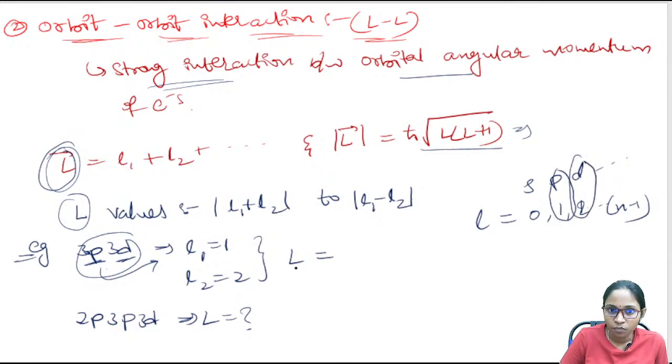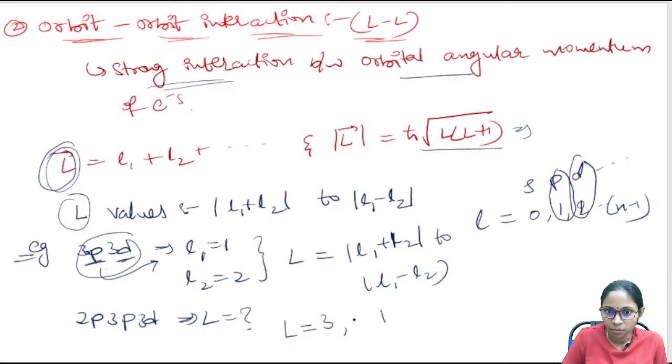Now the values of L will be modulus of L1 plus L2 to modulus of L1 minus L2. Therefore L values will be L1 plus L2, that is 2 plus 1 is 3, and L1 minus L2, that is 2 minus 1 is 1. In between we have 2. So L values are 1, 2, 3.